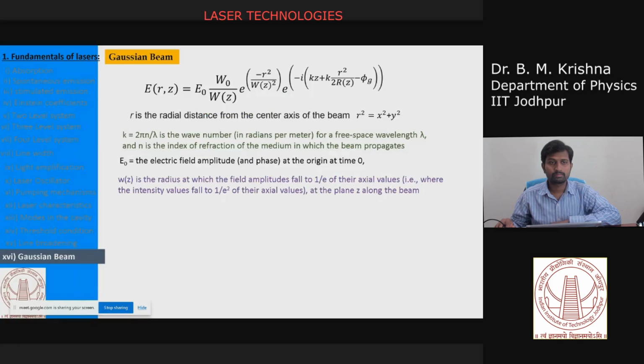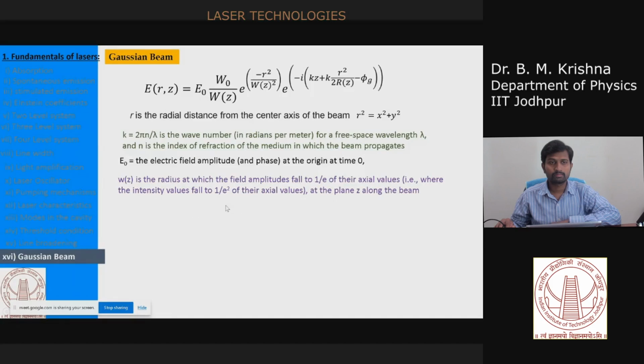Now W of z is the radius at which the field amplitude falls to 1 over e of its axial value. In principle, you can think of W of z as a kind of beam radius; we will discuss in later slides what exactly W of z is. As z changes, your beam width changes.